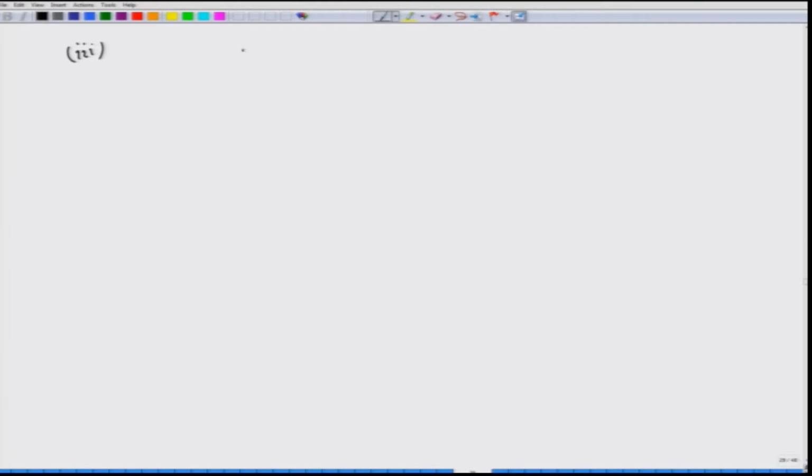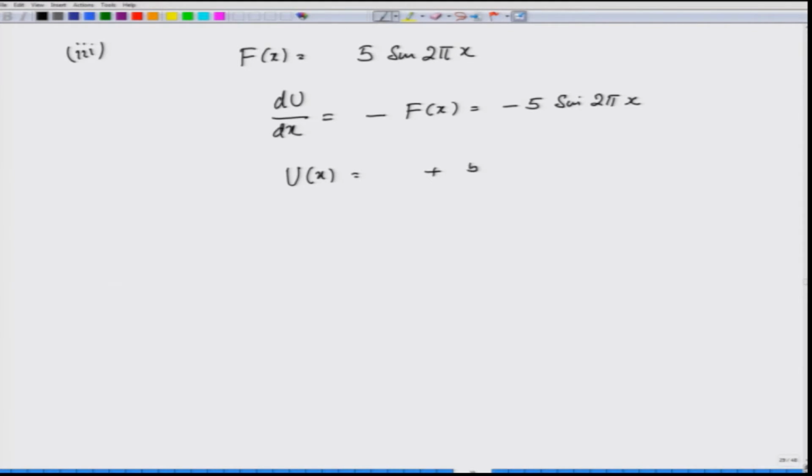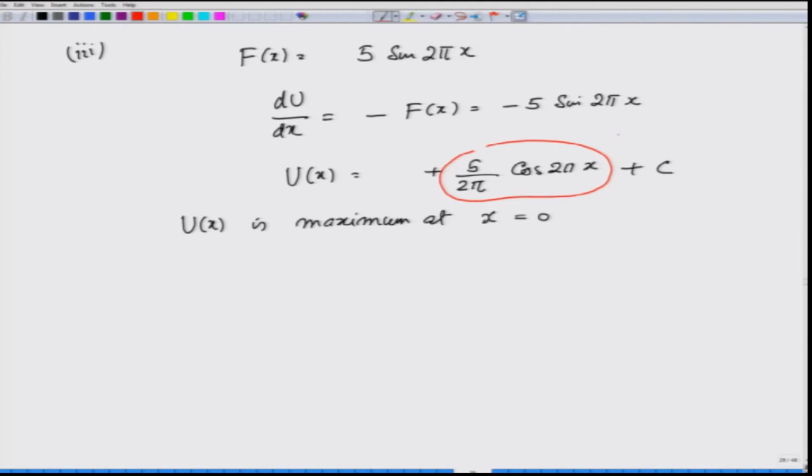I take is fx equals 5 sine 2 pi x, and again with du dx equals minus fx, this becomes minus 5 sine of 2 pi x, and therefore ux is going to be plus 5 over 2 pi cosine of 2 pi x plus some constant c, and let us say that ux is maximum at x equals 0, and the maximum value that this function can have is 5 over 2 pi.